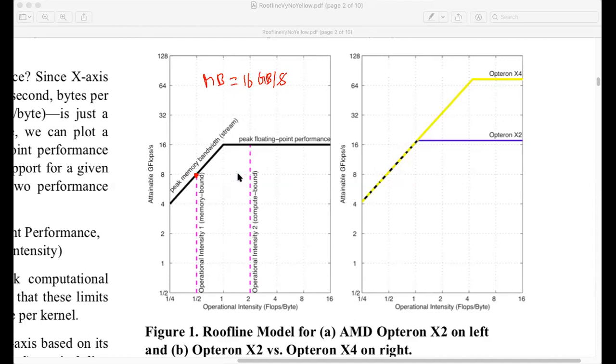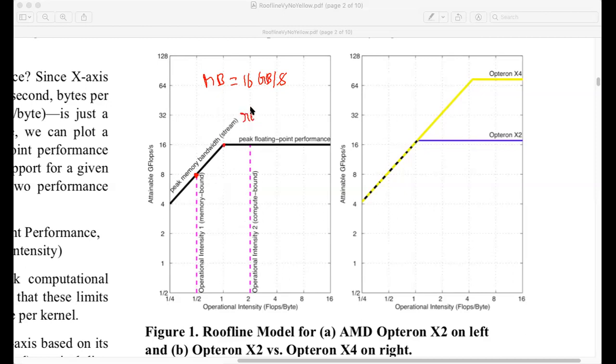And if there is an application which is memory bound, and we can somehow increase its operational intensity, let's say from half to 1 at least, then we will hit what is called the ridge point.